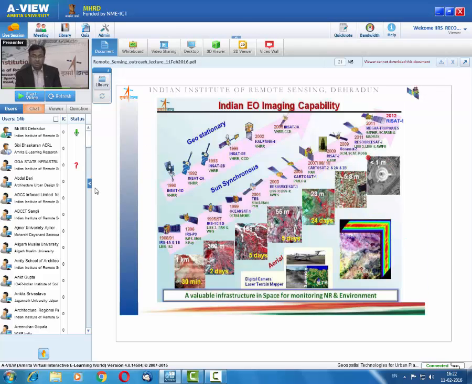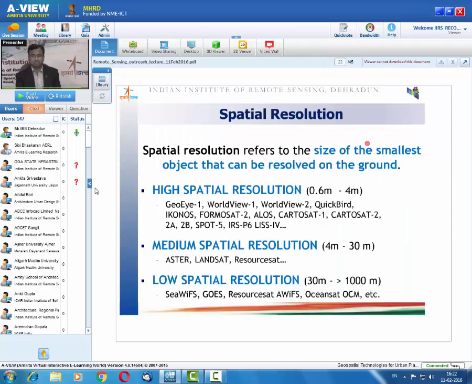So a variety of remote sensing data in the spatial, spectral, temporal and radiometric resolution domains are available. They are working in the optical or microwave regions.